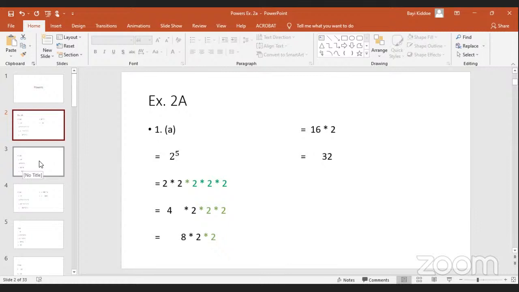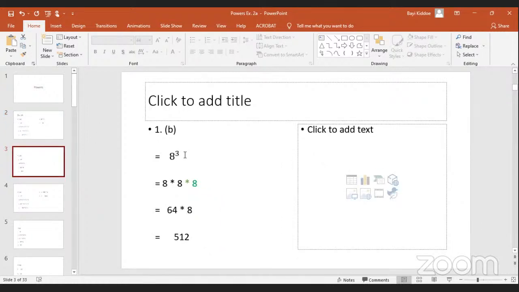All right. Number 1B, 8 to the 3rd power. As was said, it's 8 times itself 3 times. So 8 times 8 times 8. 8 times 8, the first part here, is 64. 64 times 8 is 512. Let's go through that again. 8 to the 3rd power is the same thing as 8 times itself 3 times.